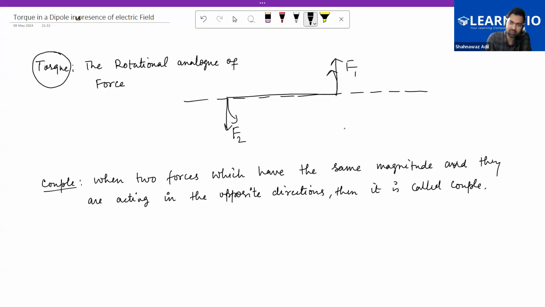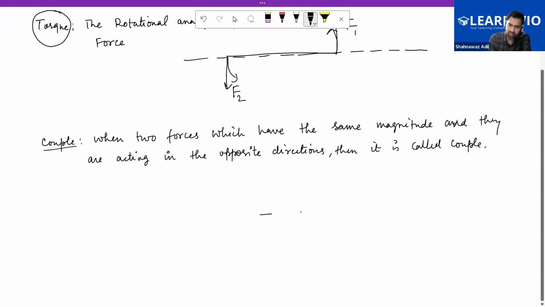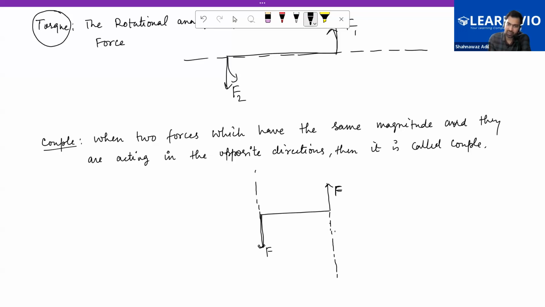So what is the meaning of that? You have this force acting in this direction, and the other force acting in this direction. Both have the same magnitude, and they are acting in different directions. So this is called a couple. This is the line of action, and this is the line of action.